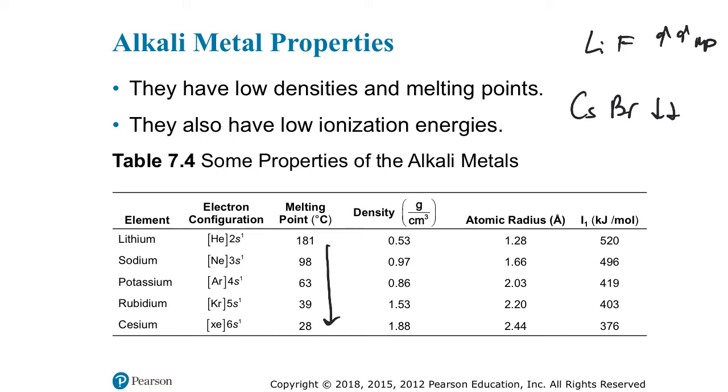It's kind of interesting the densities go opposite, but that's for some other reasons that we're not going to get into in this particular video. The size of the atoms is increasing from top to bottom. The ionization energies are dropping from top to bottom, as we talked about earlier in the chapter as well. And the issue going on with the melting points is worth contrasting with the halogen group, which we'll see later does the opposite trend.